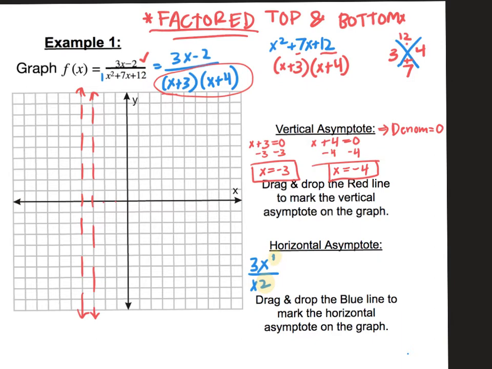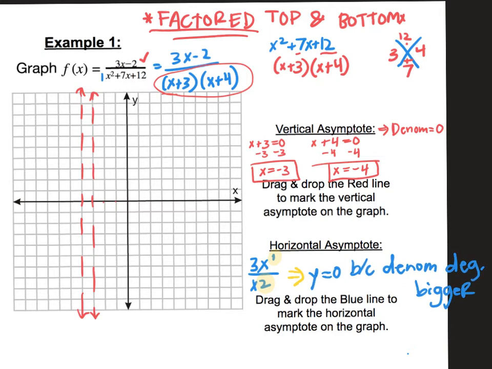And remember, when your degree on the bottom is bigger, your horizontal asymptote is going to be y equals 0. So it's going to be y equals 0 because the denominator degree is bigger. Again, we have those three cases. You're really just looking for case 1 or case 2.